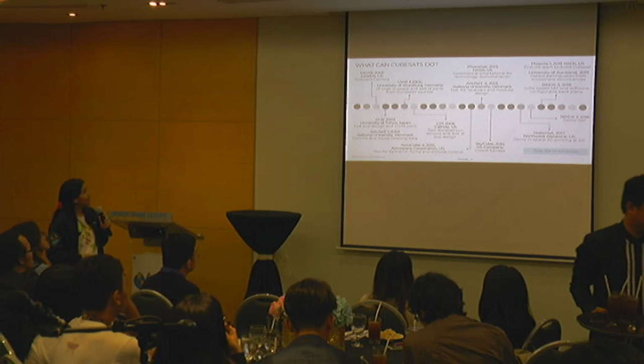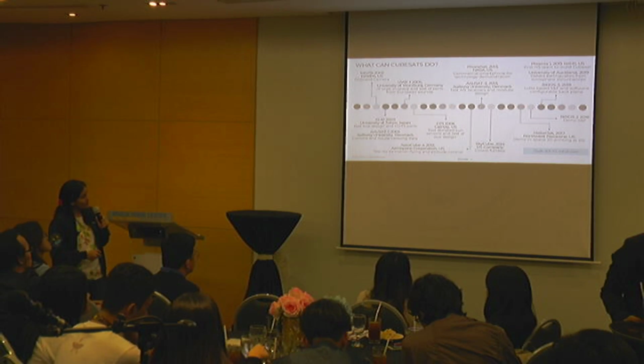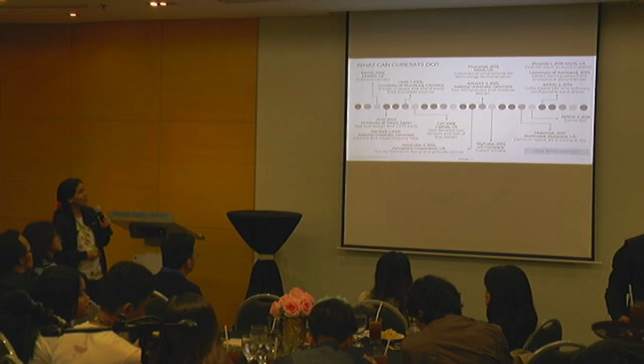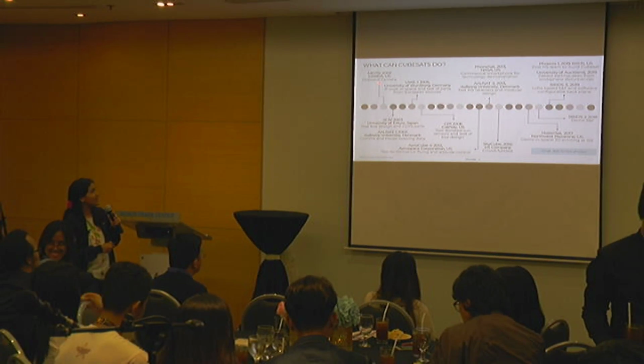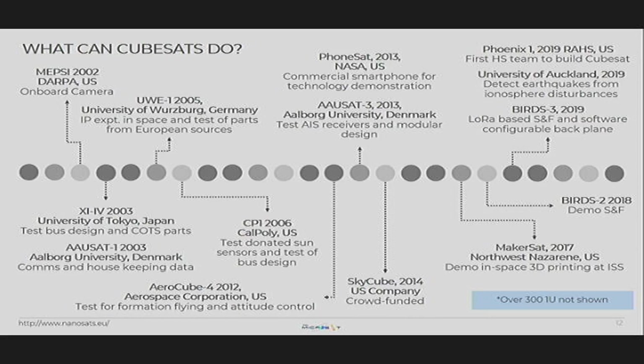Okay. So this is just a timeline of different satellite missions over time. So you can see here from simple test of cameras or testing of parts and basic establishment of communication with the satellite. Basically, just trying to make a CubeSat work in space, up to demonstrating several new technologies like store and forward, or 3D printing in space.